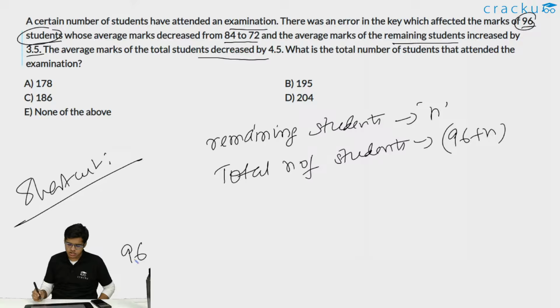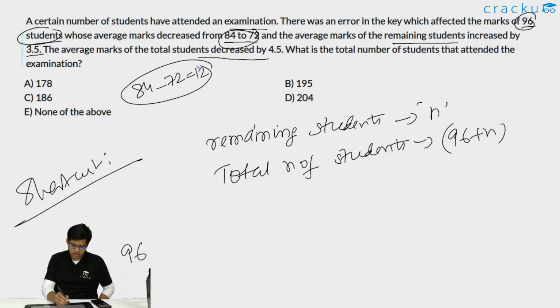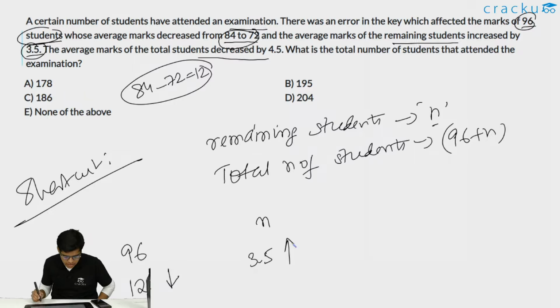For 96 students, average marks decrease from 84 to 72. Means 84 minus 72 is how much? 12. So for 96 students, there is a decrease of 12. For these n students, there is an increase of 3.5.